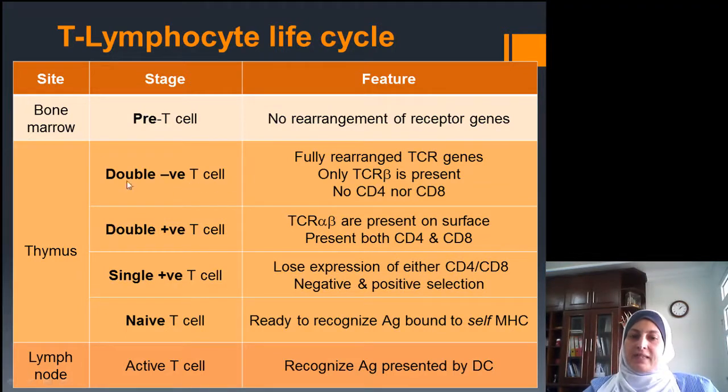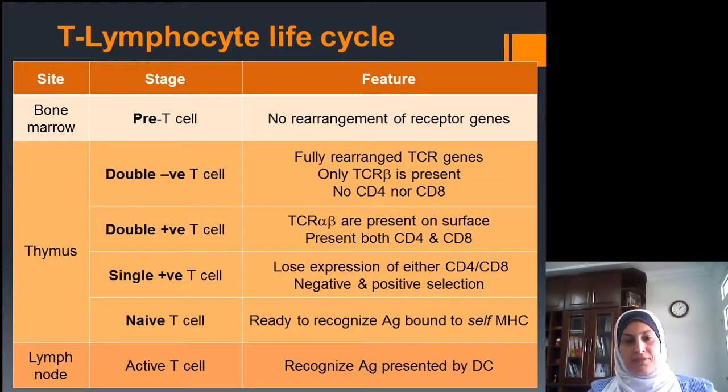In the double negative, we are referring to CD4 and CD8. There is no CD4, no CD8, and this is why we call it double negative. They have just started rearranging the T cell receptor, and it hasn't presented this T cell receptor on the surface.